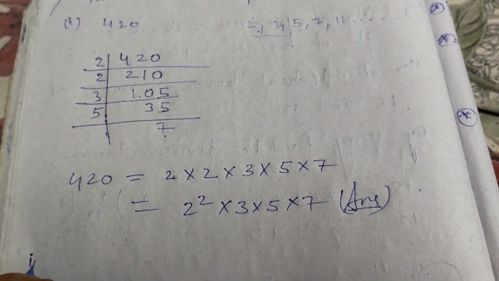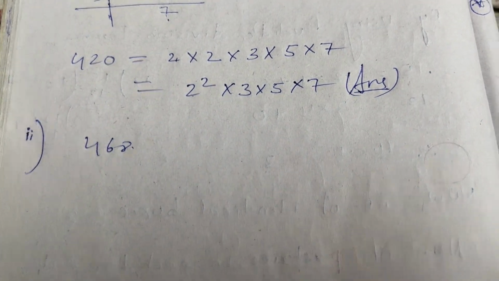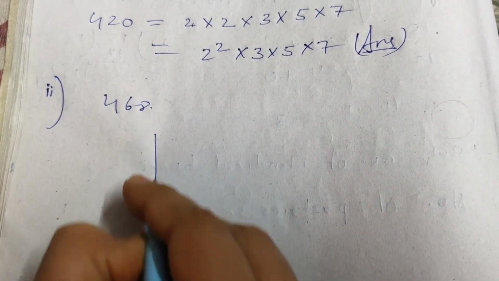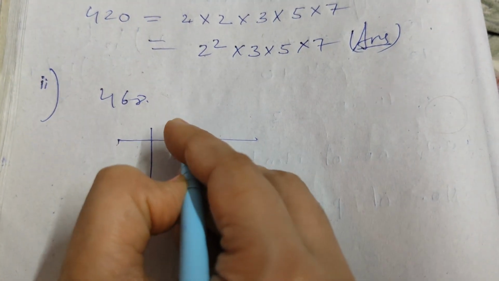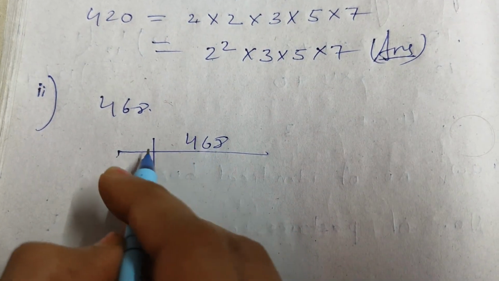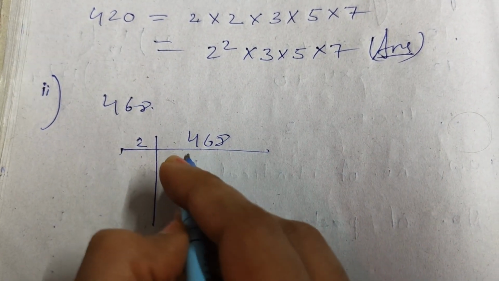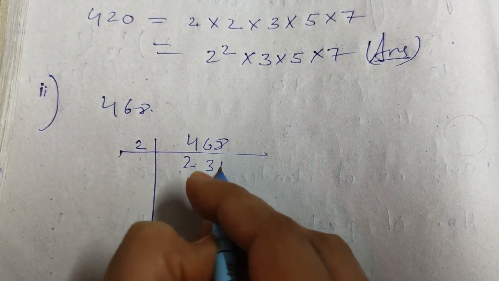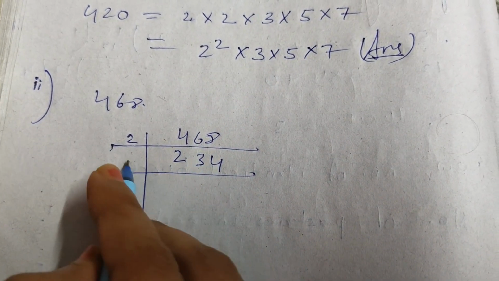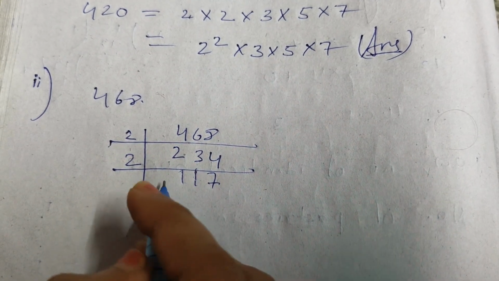Now question number 2. 468. Again we first check with 2. Okay, yes, it is divisible by 2, so we write 2. It goes 2 3 4. Now again with 2, we get 117.